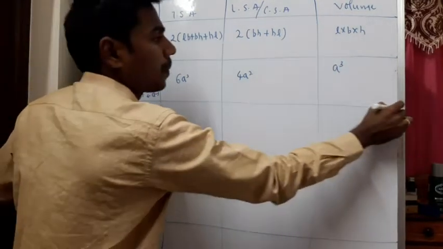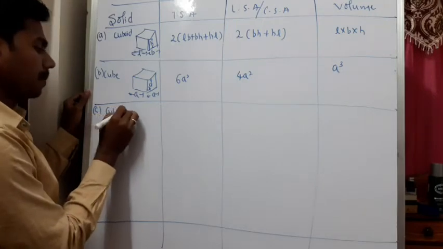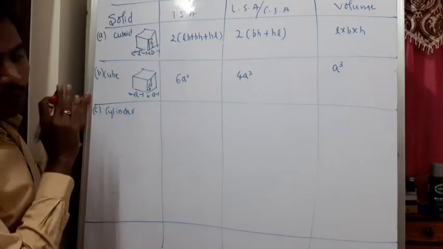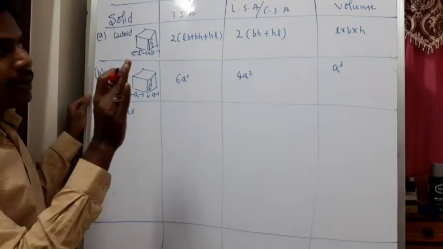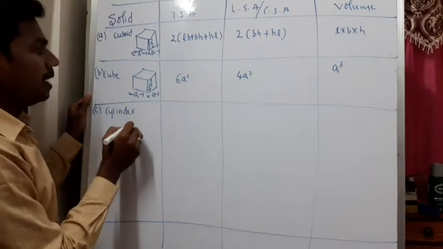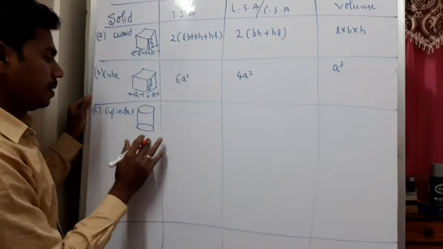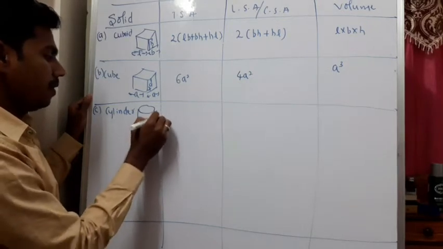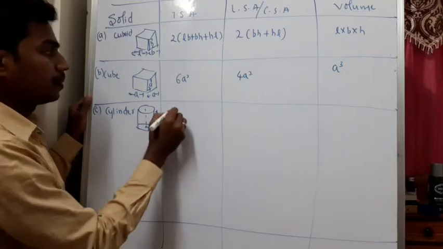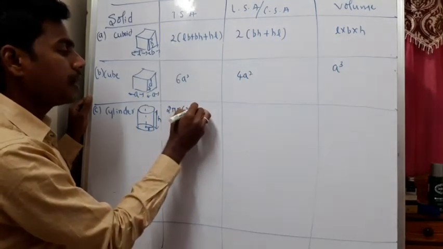Next, after this, cylinder. This is one of the important tables, and you should know all the formulae and all the elements which are present in the formula. Cylinder: if it is R, if it is H, then what is total surface area? 2 pi R into (R plus H).